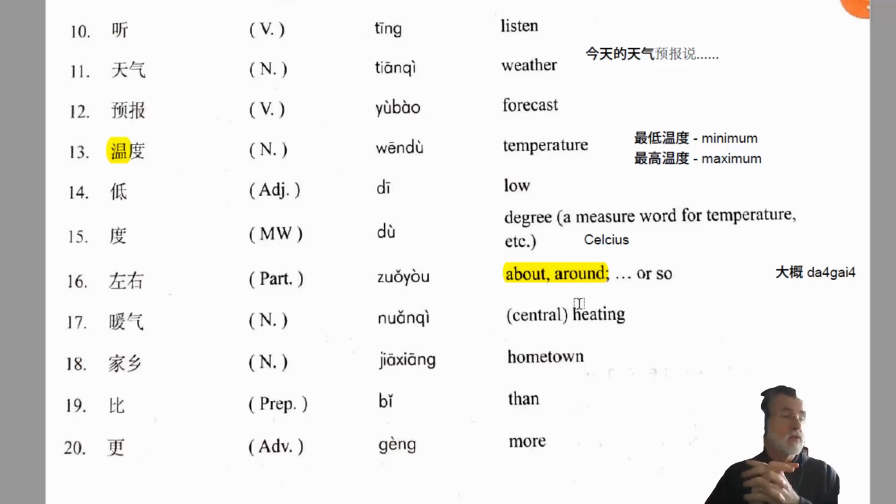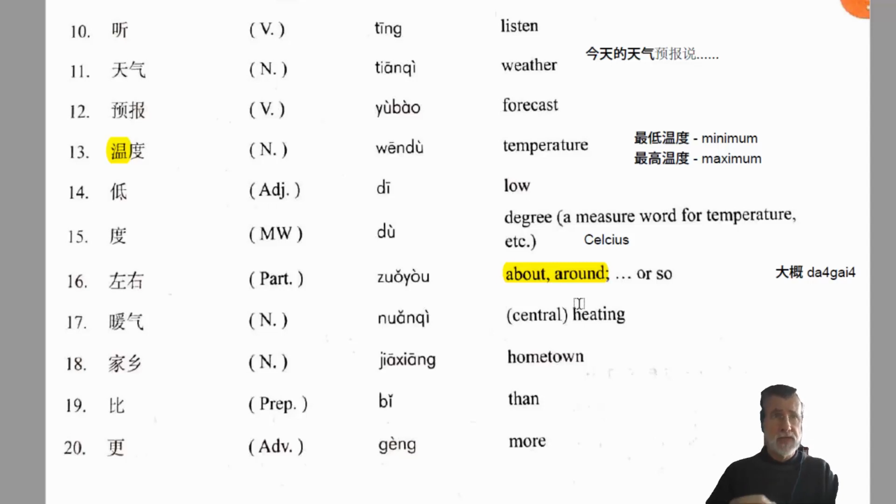So that's 左右. We then move on to a noun, 暖气, which means heating. If you look at the characters specifically, 暖 means warm, 气 means air. So for the Chinese, heating is warm air. Why has it got central in the brackets?